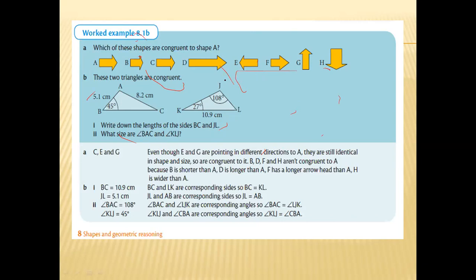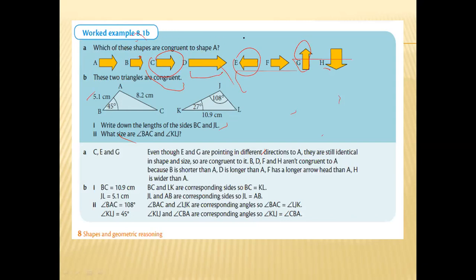So we can say C, E, G, their shapes are congruent to A. Okay, but in E the direction is different. It's no problem. And here also we have, for example, shapes in the same direction as A, but their shapes are not similar or not congruent to A.